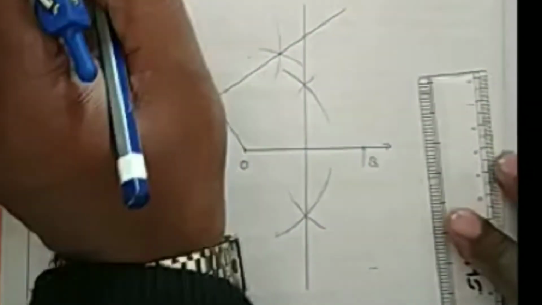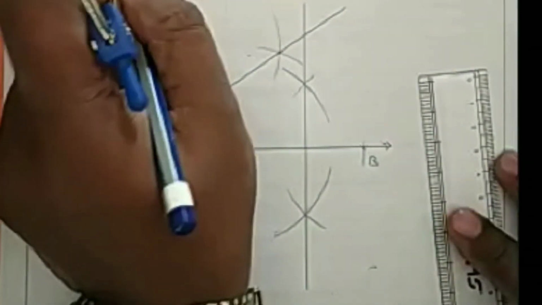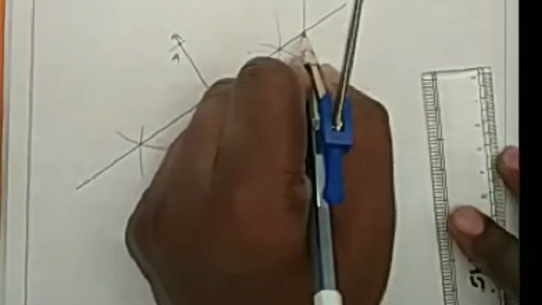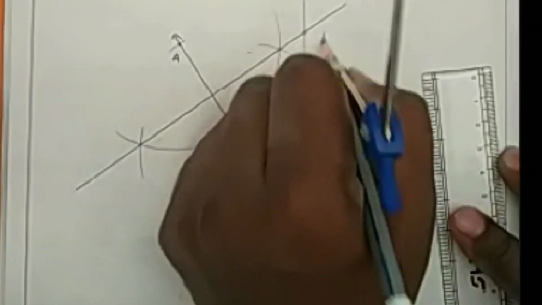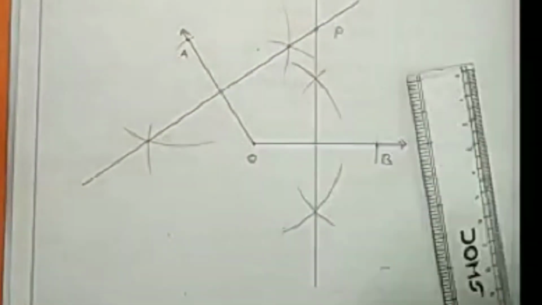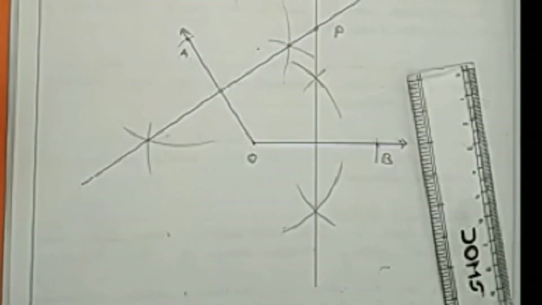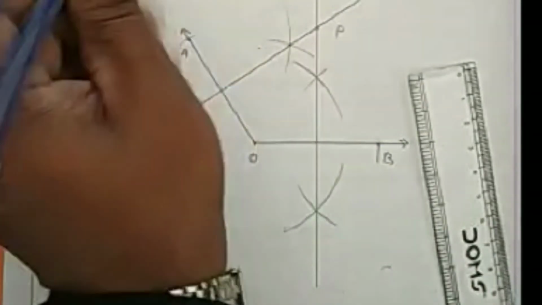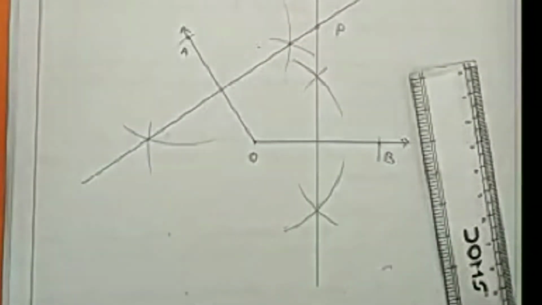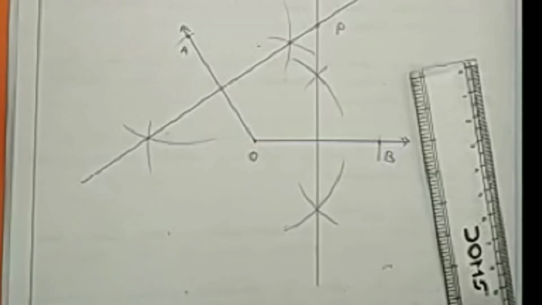Now next, see, this we have done, this we have done. Let's meet them at P. Take this point where they are intersecting as P. Now it is asking, is PA equal to PB?